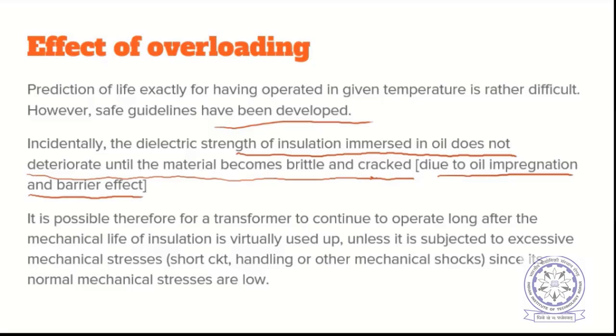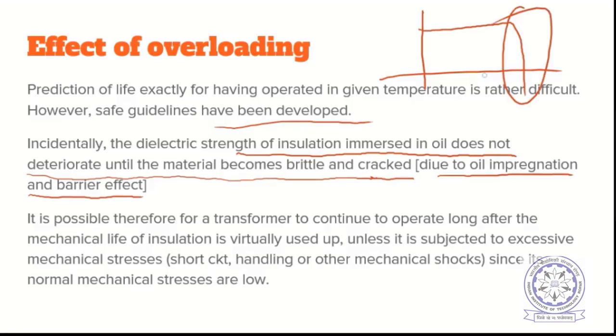So that is why its dielectric strength does not decay over a period of time. Whenever it fails, it must have failed due to mechanical reasons. That is what is observed experimentally.